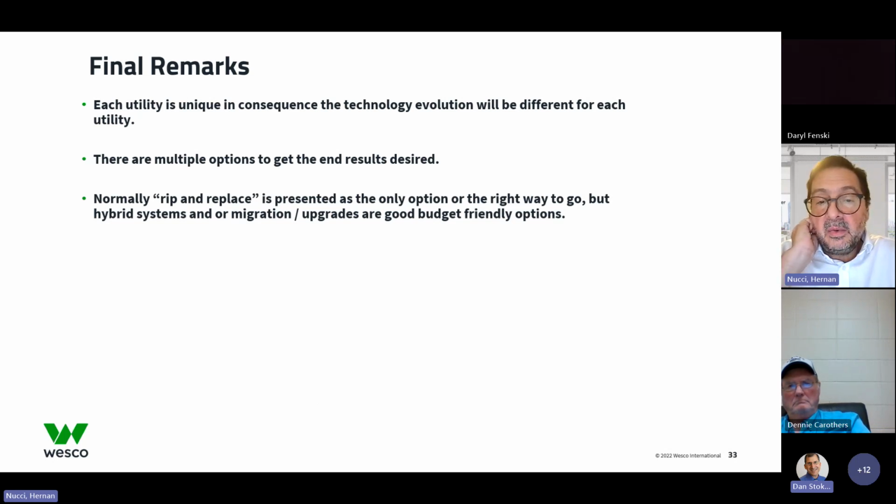It's not that you need to go to the full-blown AMI system to get grid insight. You can do this in multiple ways. And normally rip and replace is presented as the only option or the right way to go, but hybrid systems or migration or upgrades are very good options before going to a rip and replace.